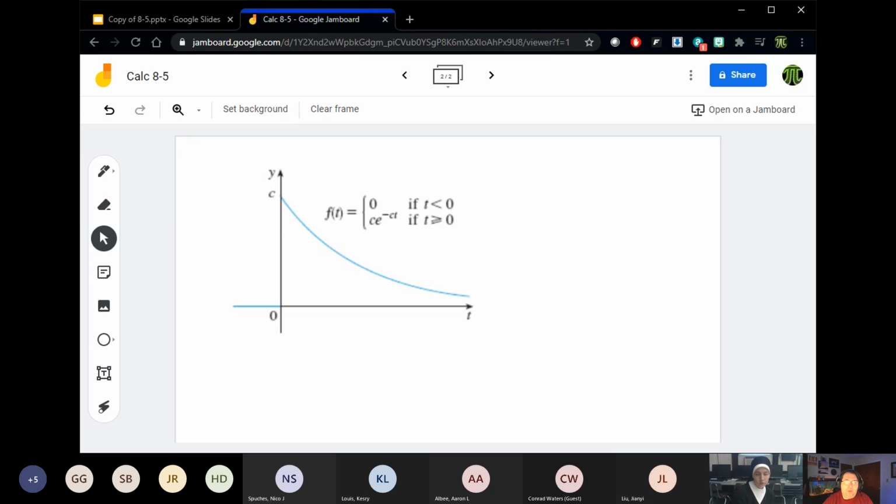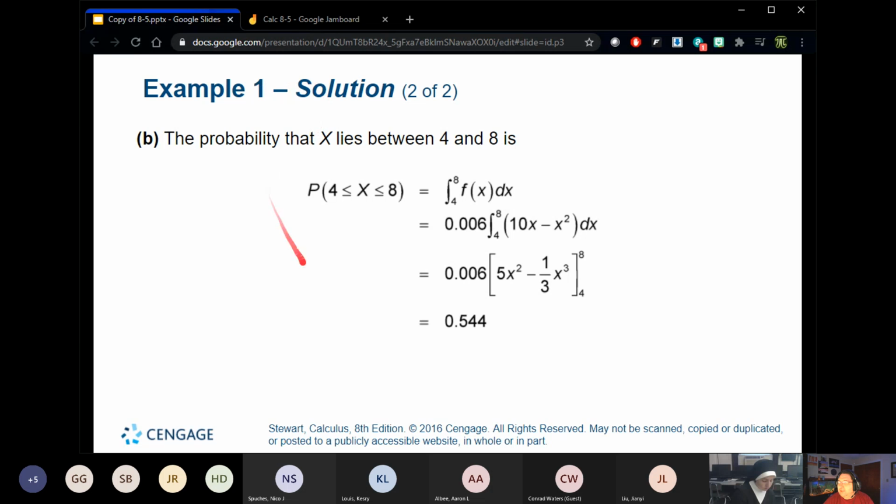So if it's a wait time on a phone call, the probability that you're going to get answered is higher. If it's the probability that something's going to fail, it's getting higher the further and further we go out. All right.